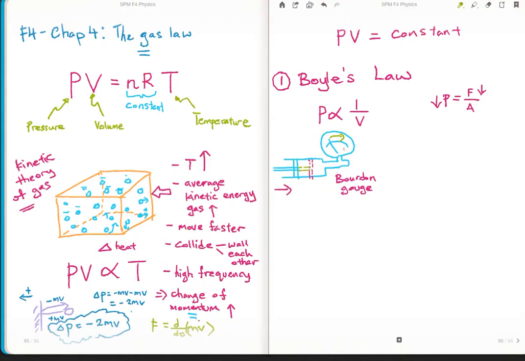Pressure increases in Pascal on the Bourdon gauge. Okay, so that's what this theory is about. And to put them into an equation, so therefore you bring it up, what happened? P1 V1 will be equal to pressure 2 V2.